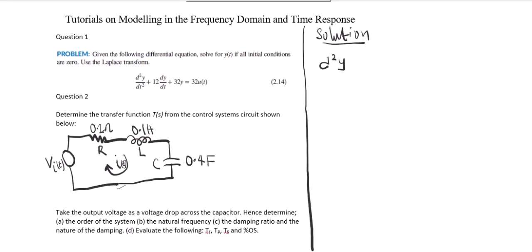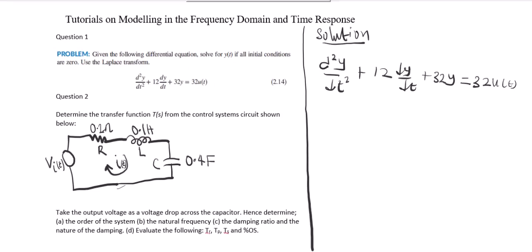The equation is in the time domain: d squared y over dt squared plus 12 dy/dt plus 32 y equals 32 u of t.